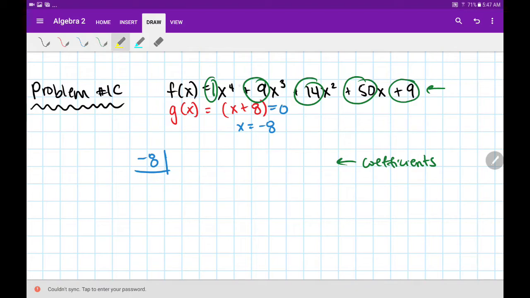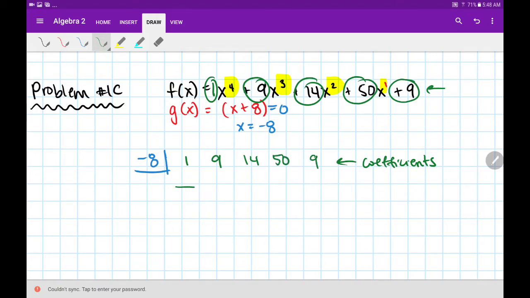Notice that we are going in descending order, so we don't have to make any adjustments. The powers are 4, 3, 2, 1, and then nothing. They're all accounted for, so we have no 0 placeholders. So let's write them out: 1, 9, 14, 50, and 9.